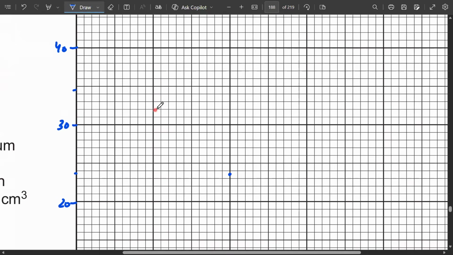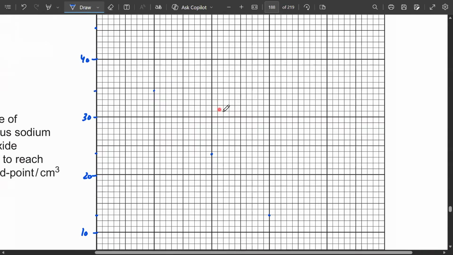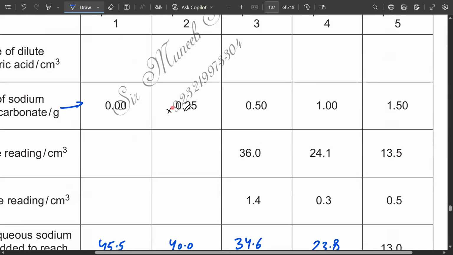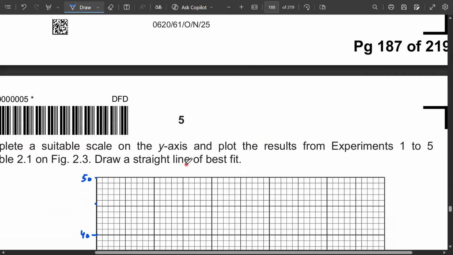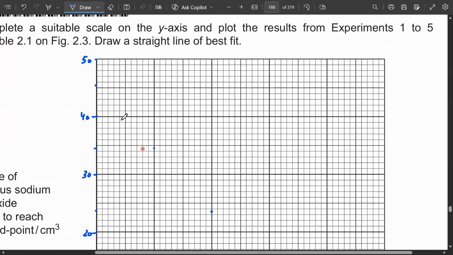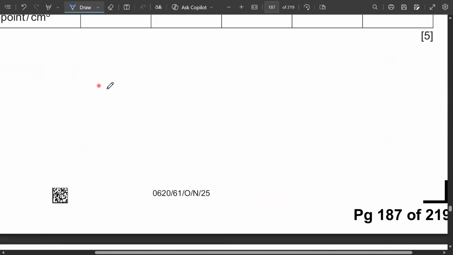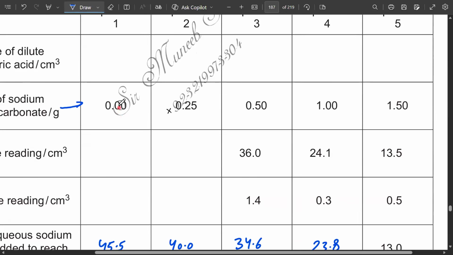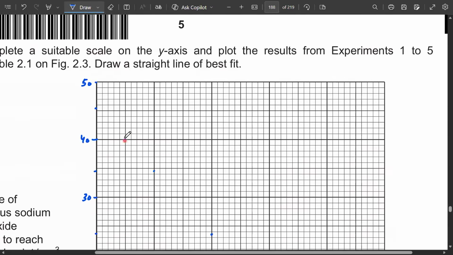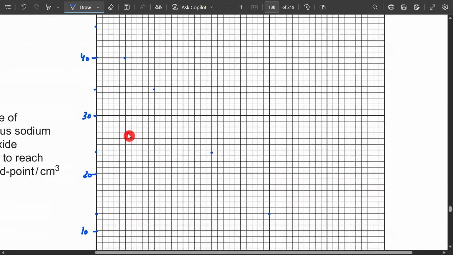This is 0.5 and this is 34.6. And then 0.25 versus 40. This point over here. And at the last, 0 gram with a point on the y-axis because no mass was used in experiment 1. So it's already there. Now I have plotted all the points.